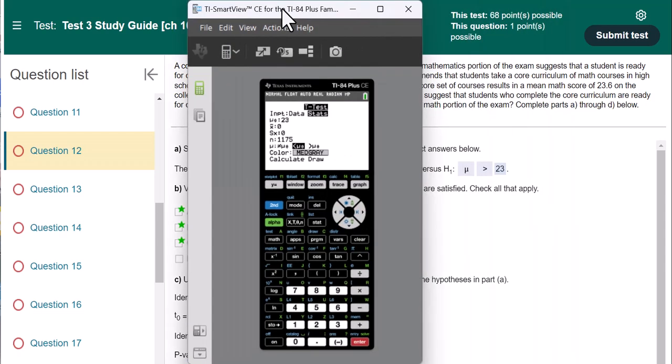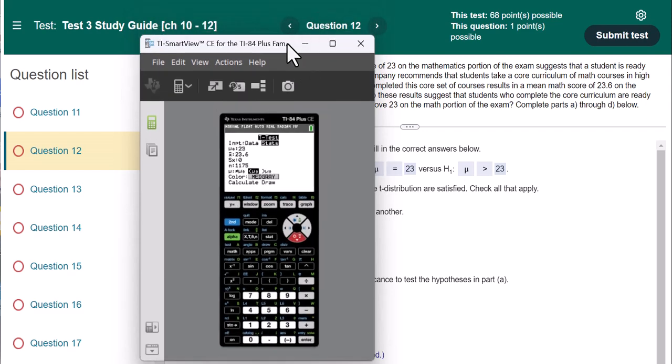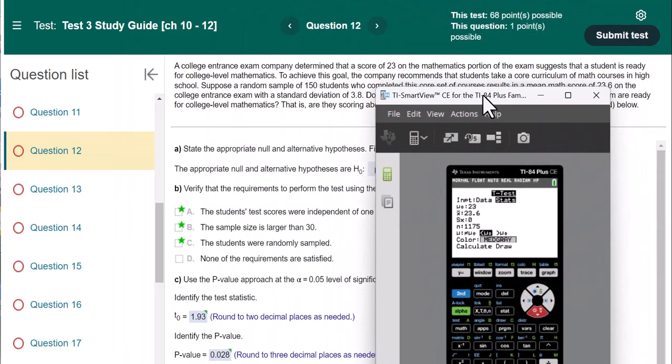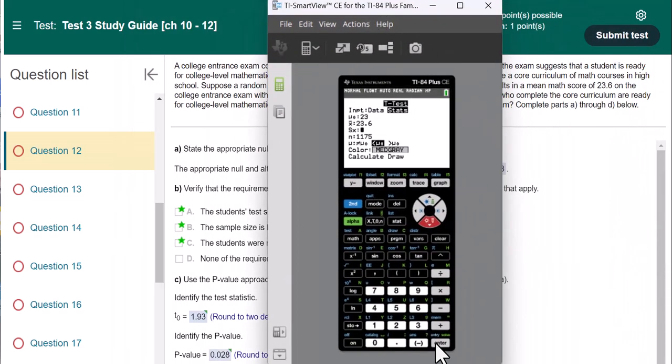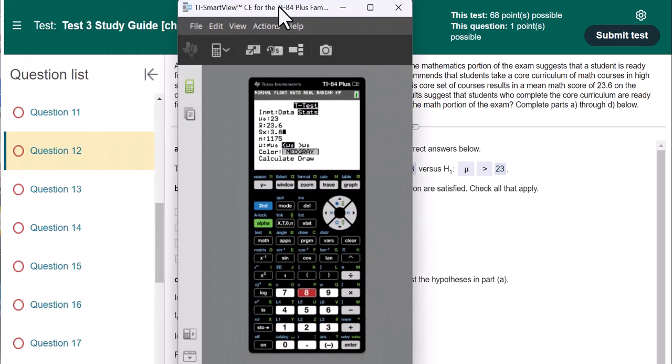X bar, which is the sample mean, is 23.6. S, the standard deviation, was what? 3.8. And the sample size is 150.